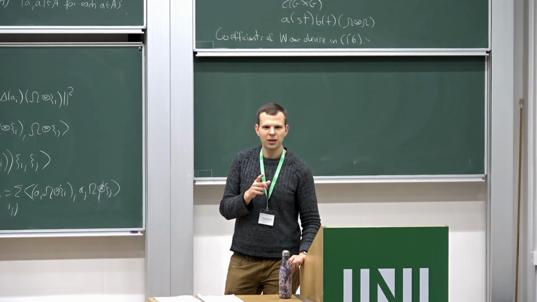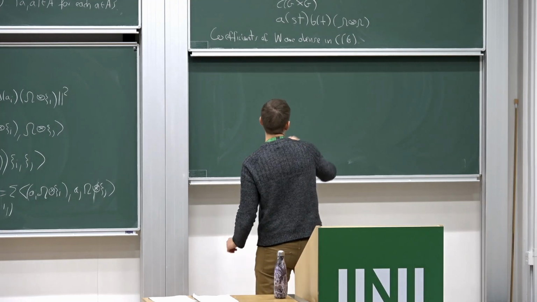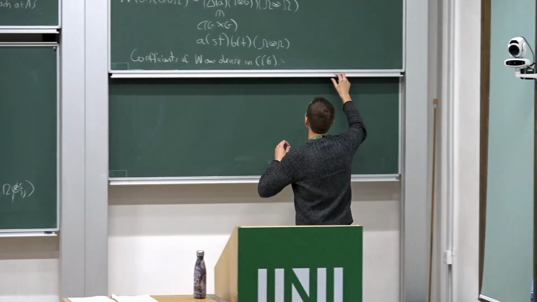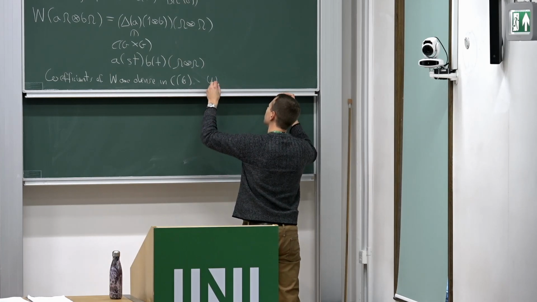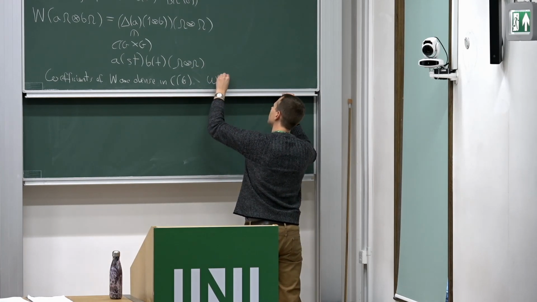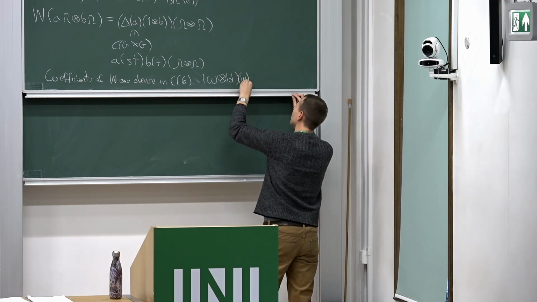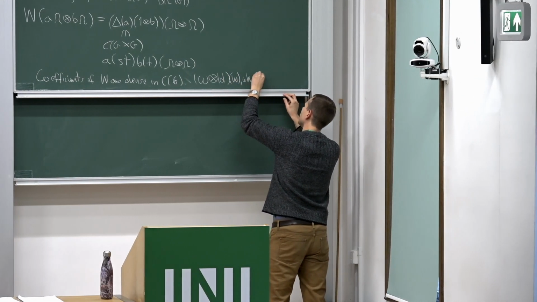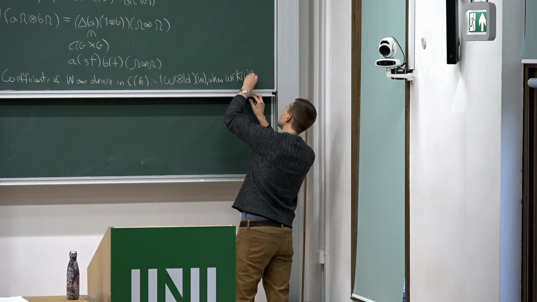Did you say what you mean by coefficients? No. So it means that you have things of the form omega applied to W, where omega is a functional on the compacts.